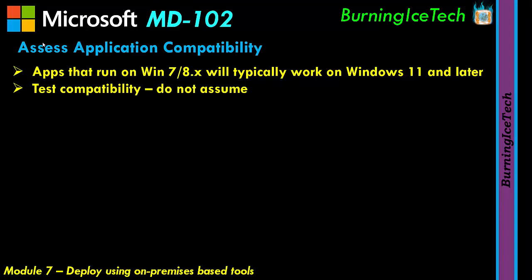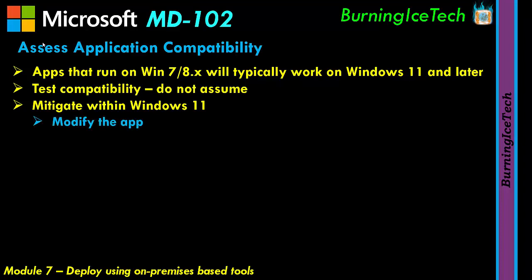So when it comes to you running into a snag where it may or may not run on Windows 11, there's a couple of mitigations you can use within Windows 11. The list I'm about to give you guys is not everything. This is just to give you guys a ballpark idea. So first of all, try modifying the app. I think a lot of guys are probably going to try and sidestep this one because it sounds like a lot of work. Alternatively, get updates from the developer. You might find there's an update available.